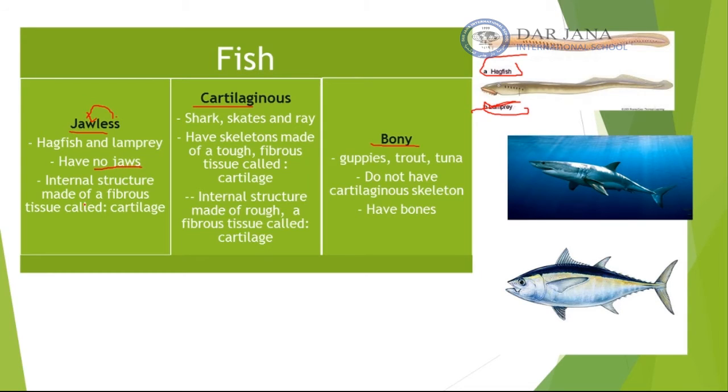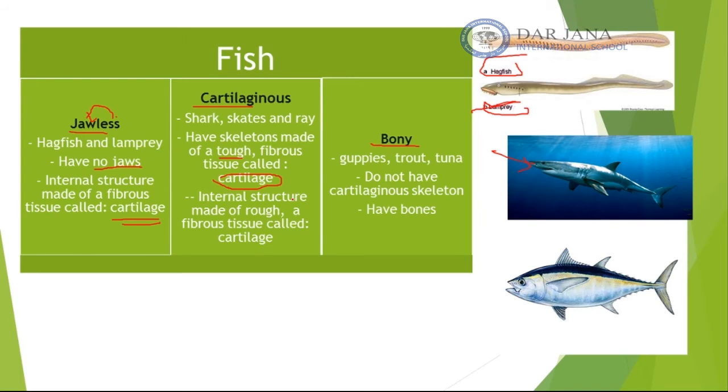They have no jaws. Their internal structure is made of fibrous tissue called cartilage. Same thing for the cartilaginous fish: they also have fibrous tissue called cartilage. The cartilaginous fish include sharks, skates, and rays. Here we can see the shark. They have a skeleton made of tough, hard, fibrous tissue called cartilage.